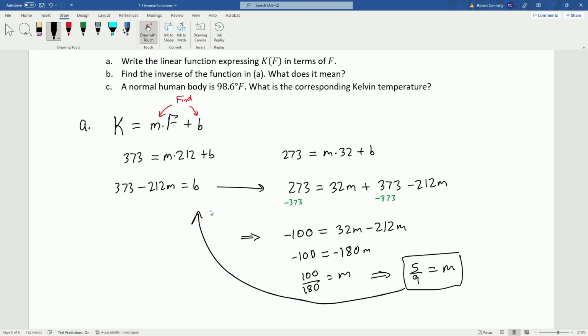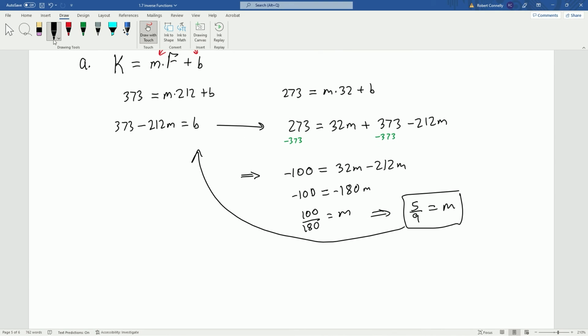Now we just need to find what b is. We could do that by just plugging that into the equation we isolated for b before. So this gives me 373 minus 212 times 5/9 equals b. Now my suspicion is that 212, well let's see, 212 is not divisible by 9 actually. So let's just go ahead and combine this together best we can.